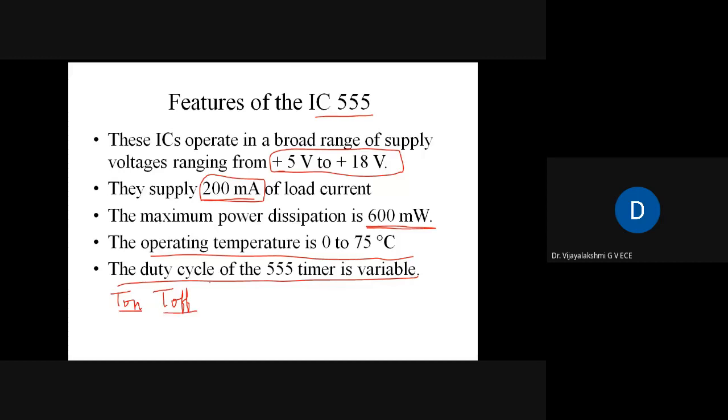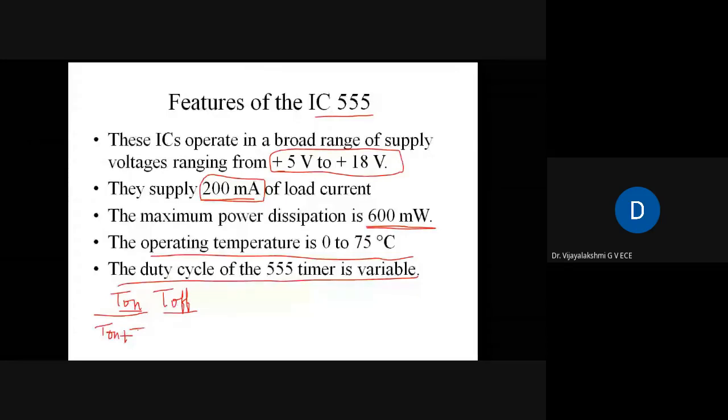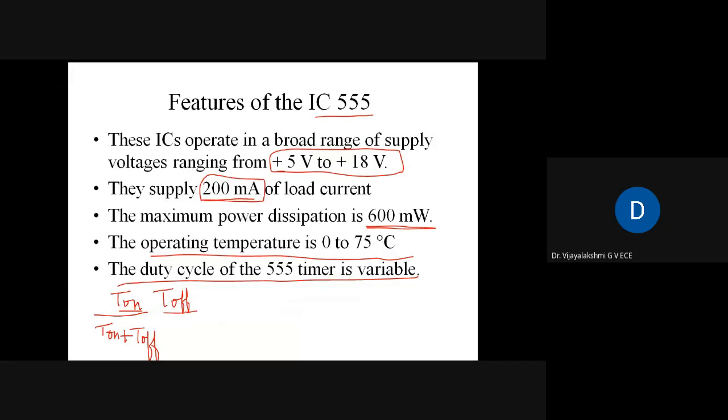So the duty cycle is nothing but the ratio of the on period to the sum of on period plus off period. On period is the period for which the device will get activated, and off period is the one for which the device will get deactivated. So it is something like this: this is on when it is active, and this is off because it is 0.